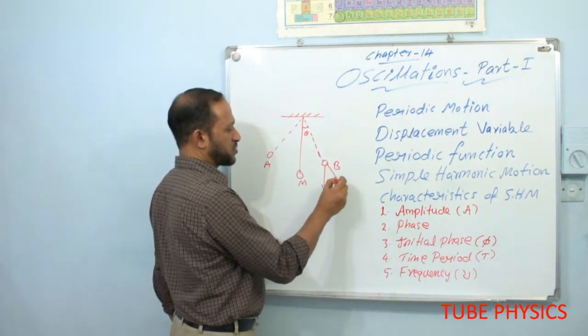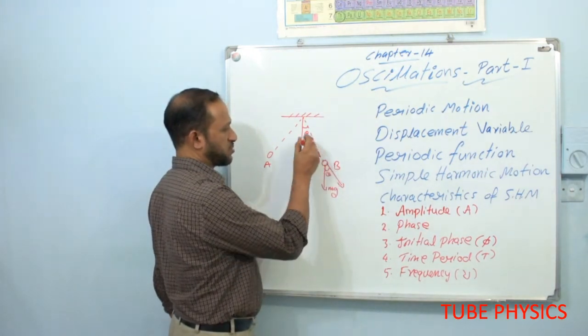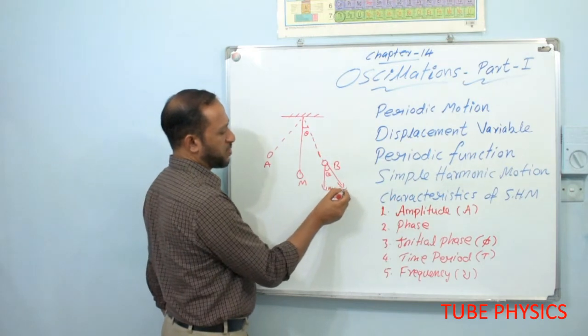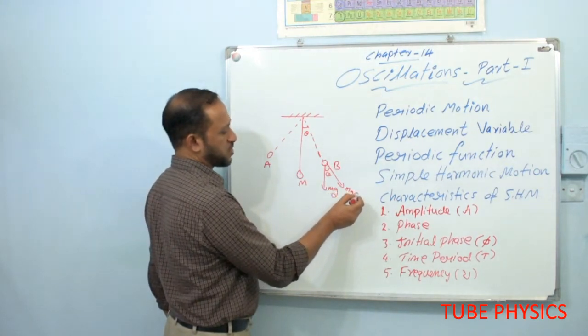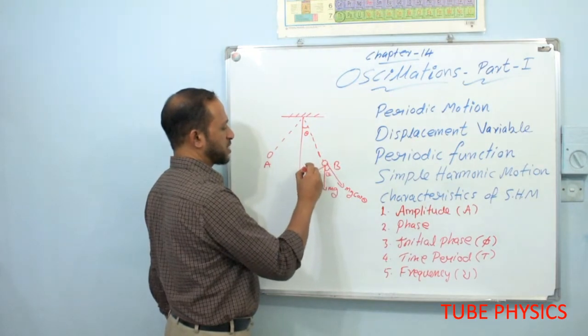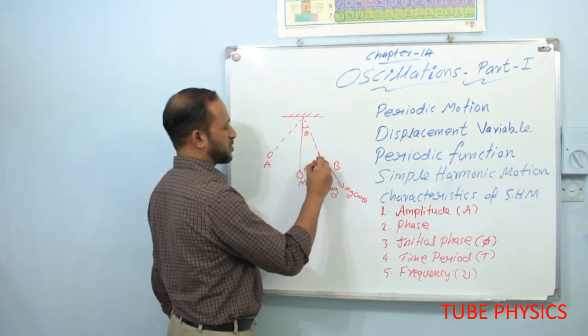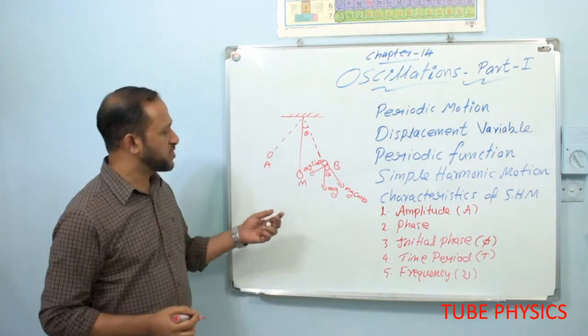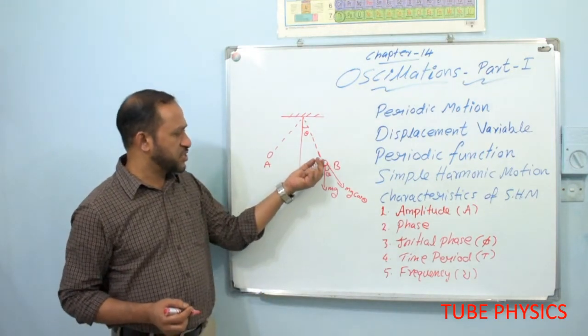One component along this way, with the same angle theta, is the adjacent side, so it will be mg cos theta. Another component is mg sin theta. This mg sin theta always acts as the restoring force.